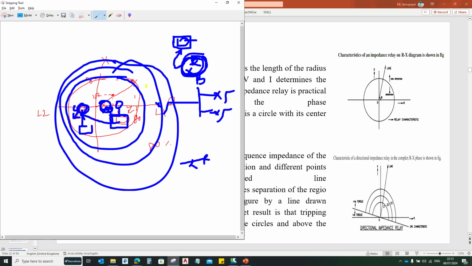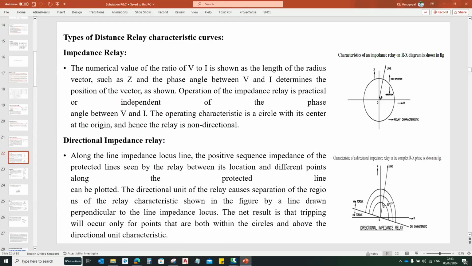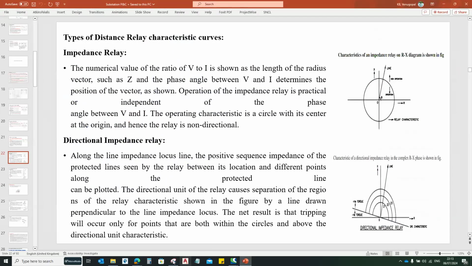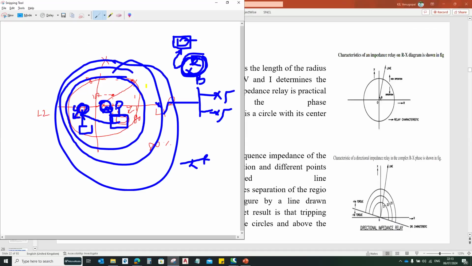Okay, sir. Then, to mitigate this, we are going with the directional impedance relay. This is the non-directional relay, so it will operate for a forward zone or reverse zone fault in that particular section. To mitigate that, we go to the concept of the directional relay, so that the operating area can be reduced to the forward direction only.